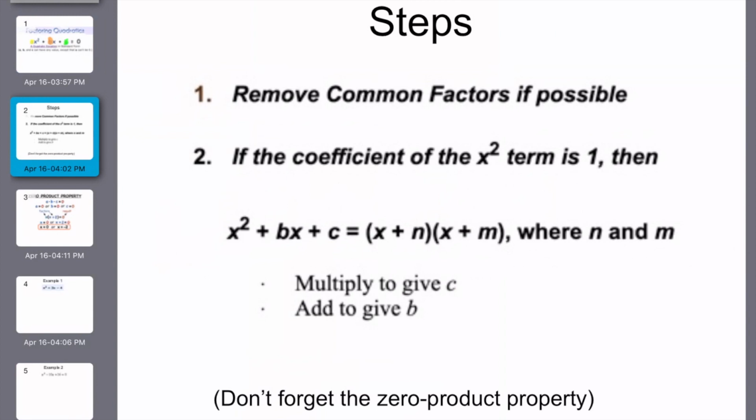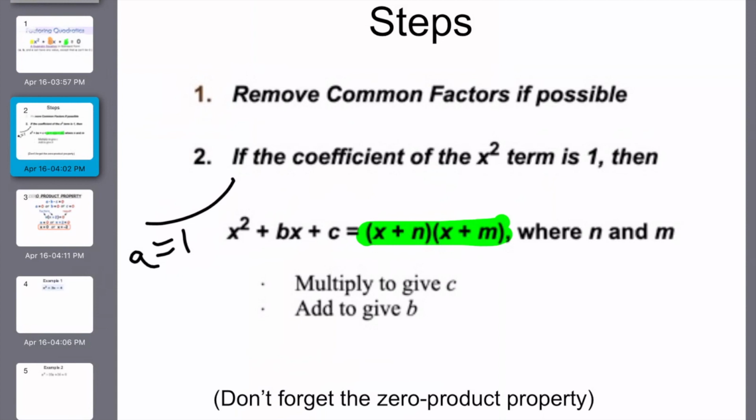If the coefficient of the x squared term is 1, or if our a is 1, then this is the form that our answer is going to come into be, okay?